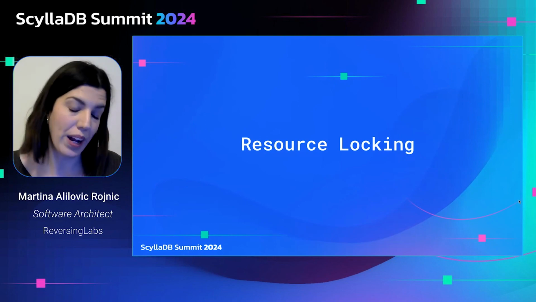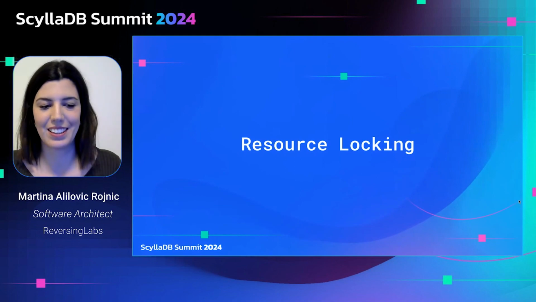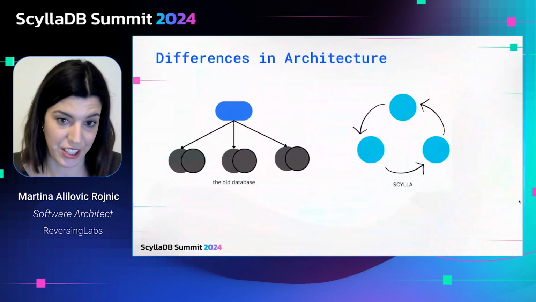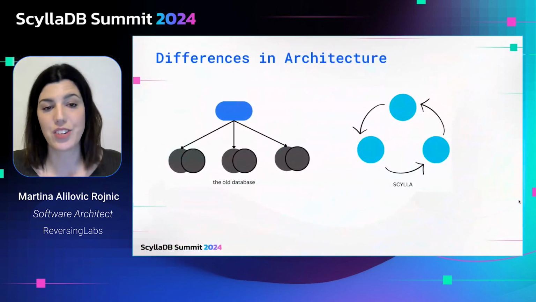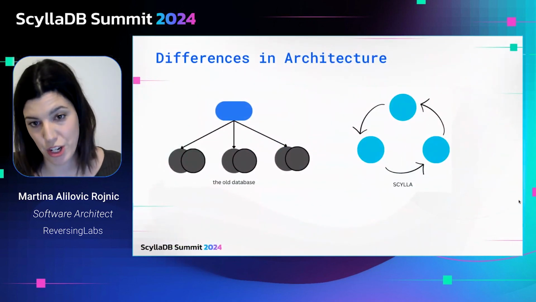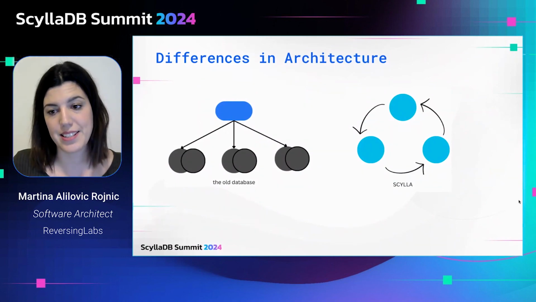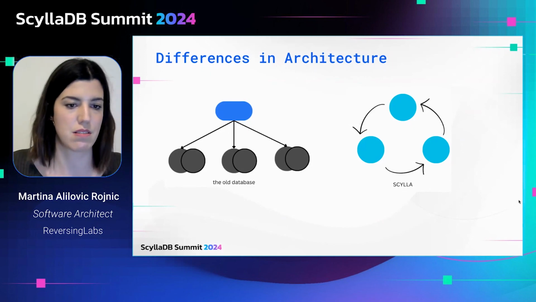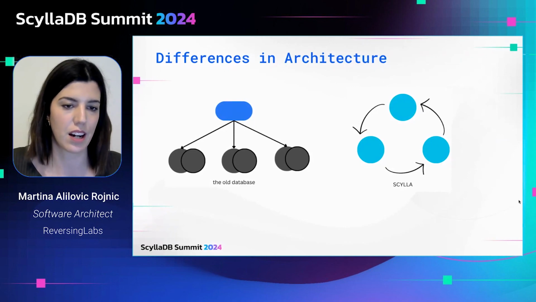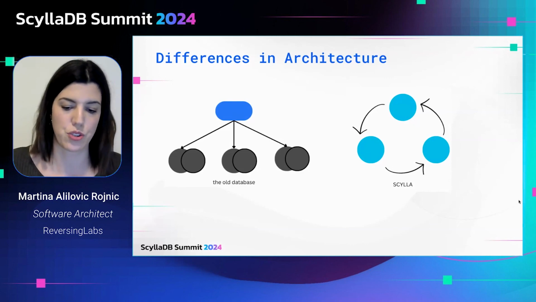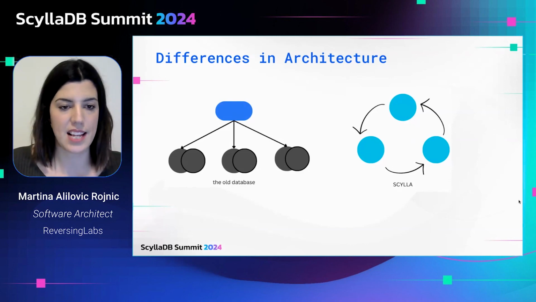One last thing left, and that was resource locking. In the old architecture, when you have a single master node with all the writes going through it, locking a resource is easy. You can just have a mutex on this master node, and locking is finished. Of course, you need to tie it to a connection to the database, but that's it.